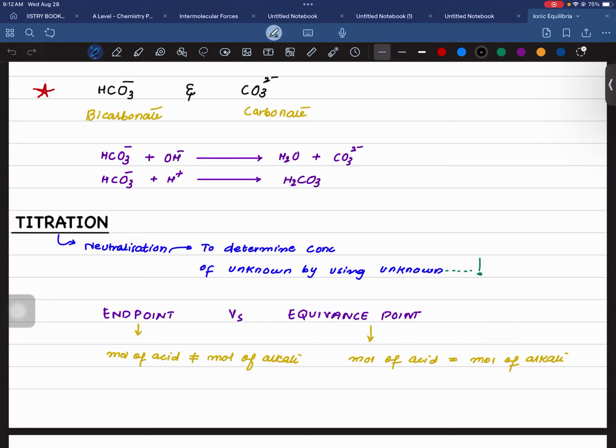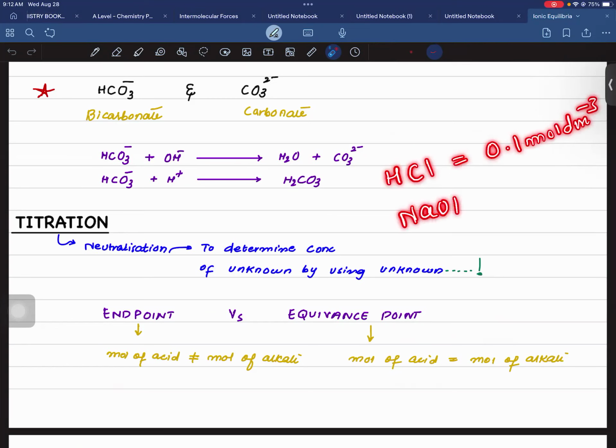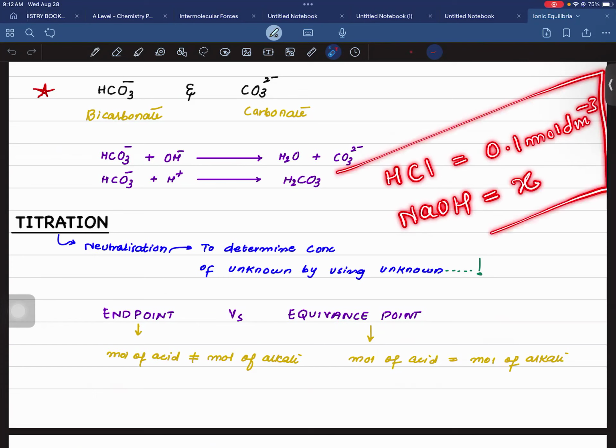Okay, let's suppose I have this HCl, and I know the concentration of this HCl, that is 0.1 mole per decimeter cube. And I want to find out the concentration of this sodium hydroxide, this is X. So I can find out this concentration by using titration, because we have the relation that is C1V1 is equal to C2V2.